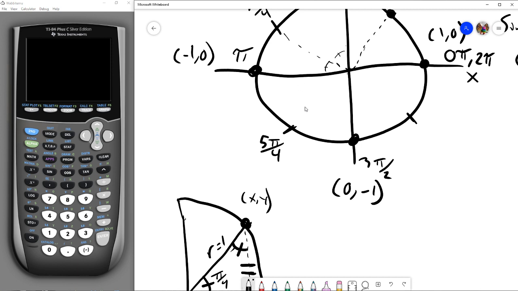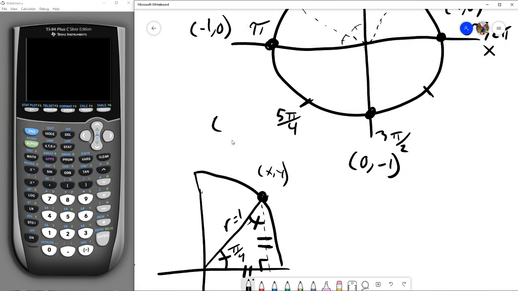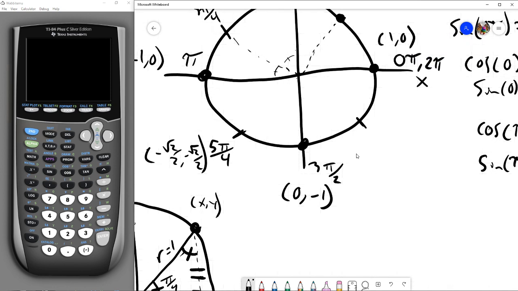That means we again have our isosceles triangle. So we'll have negative root 2 over 2, comma, negative root 2 over 2. This is precisely because both x and y are negative, because we're in quadrant 3.